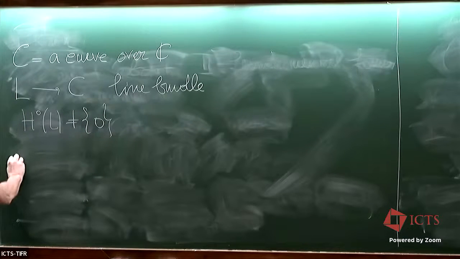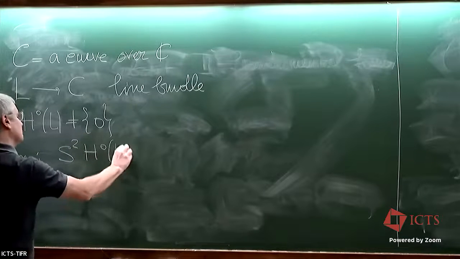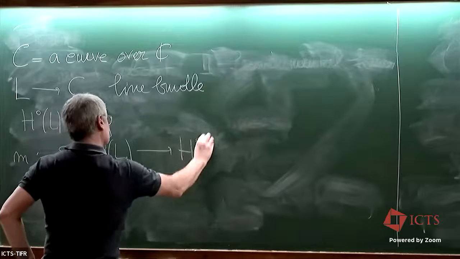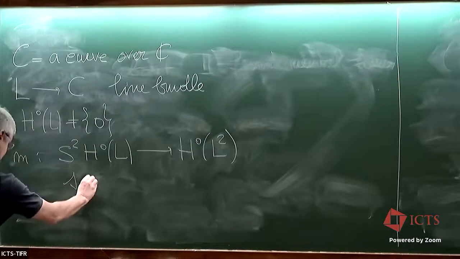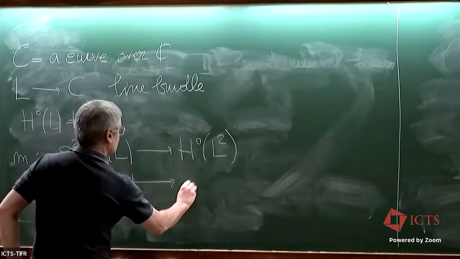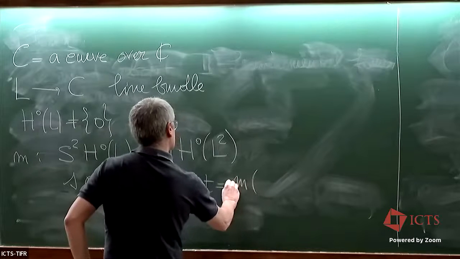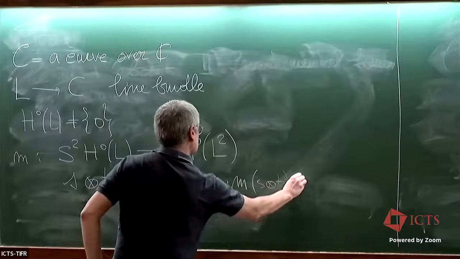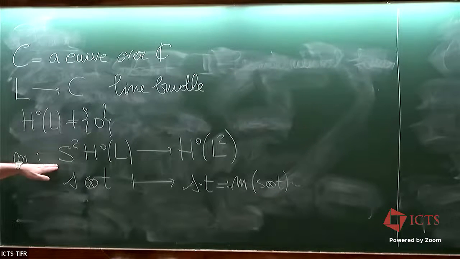And denote by M the multiplication map of sections. So if we take a simple decomposable tensor, we send it to this section. And this is symmetric, so we can look at it as a map from S2 to H0 of L2.